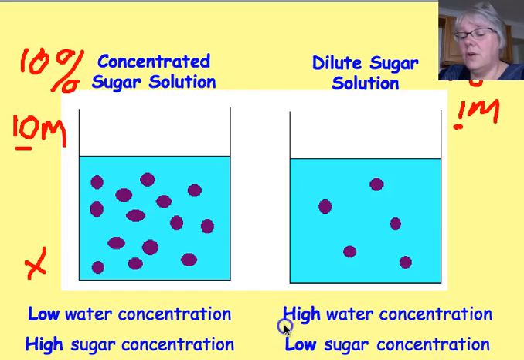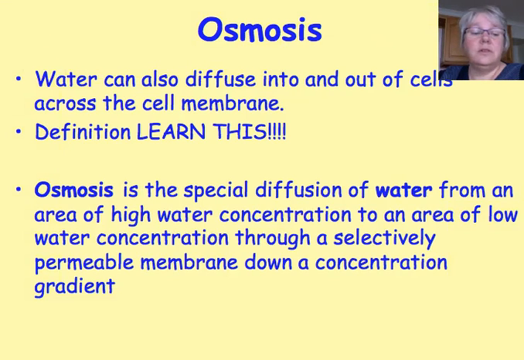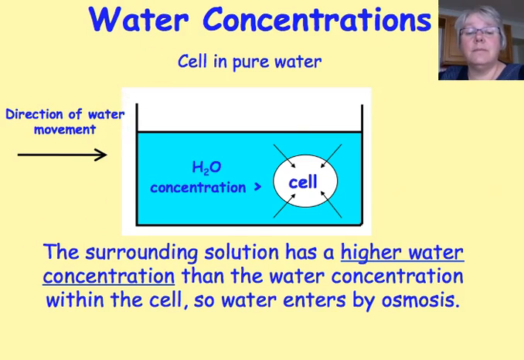So here we've got a high water concentration and a low sugar concentration, and it's important when we're looking at osmosis to identify between solutions which solution has got the higher water concentration and which solution's got the lower one. So let's go on and look at some examples of diffusion with these wee diagrams I've got here.